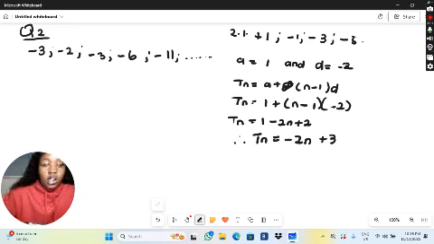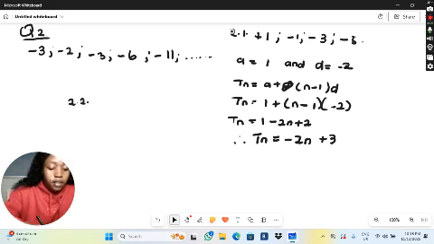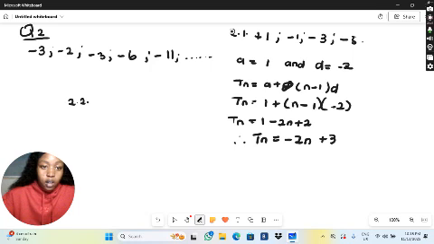Okay, let me write 2.2 here. 2.2 is saying calculate the first difference between the 35th term and the 36th term of the quadratic sequence. So we are going to take this Tn is equal to negative 2n plus 3. So we are going to substitute T35 to negative 2 into 35 plus 3.